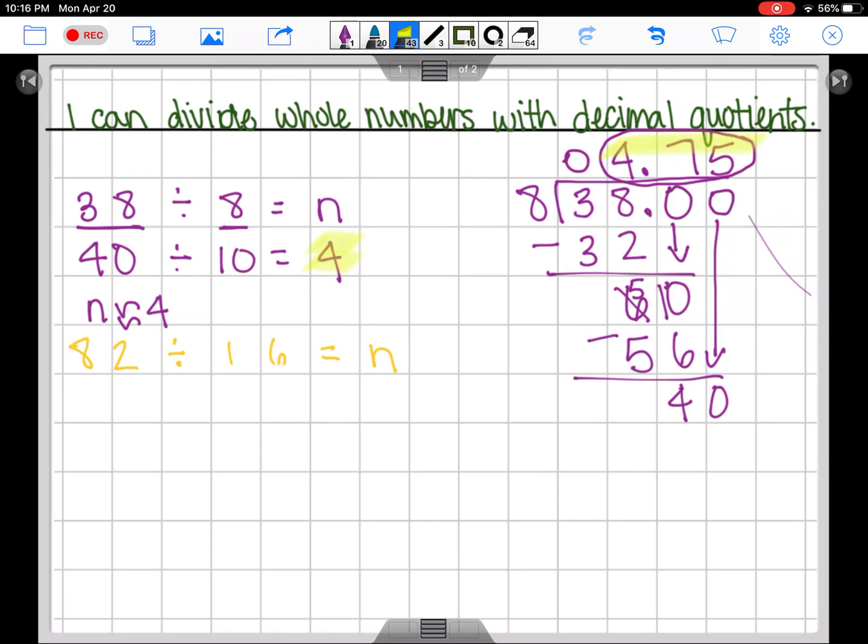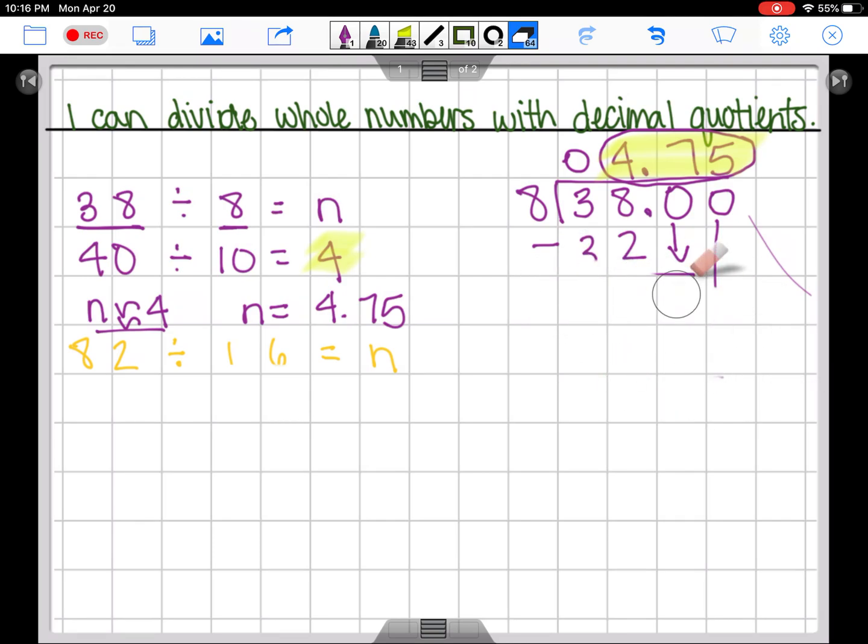So now we can compare our estimation with our quotient, and these are very similar. In this case, I don't really need to check my work with multiplication because I already checked my work with estimation. So now our quotient was about 4, right down here, and it's equal to 4 and 75 hundredths.